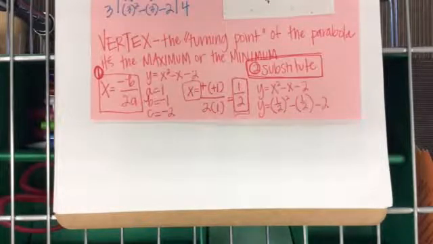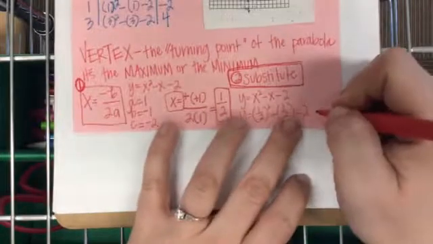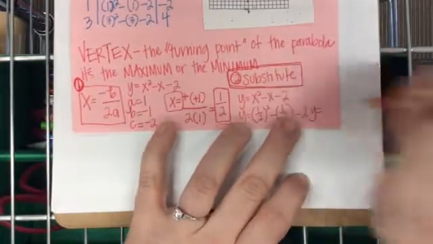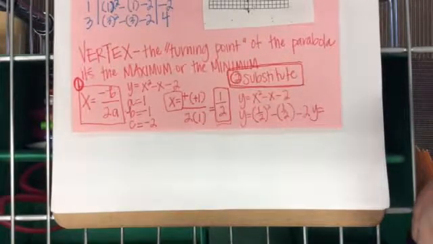1/2 squared, 1/2 times 1/2 is 1/4. Minus 1/2 is negative 1/4. Minus 2, what do you get? What's your y value? You're right.